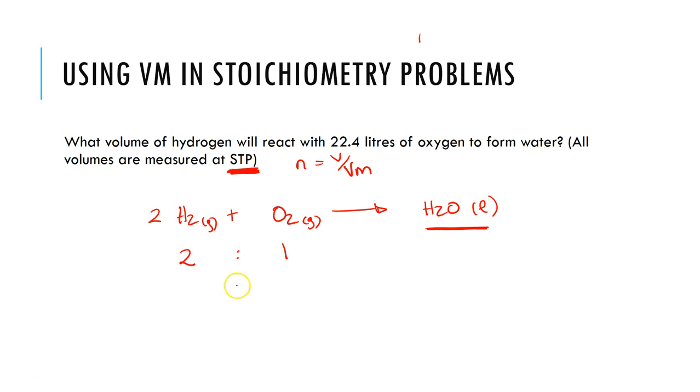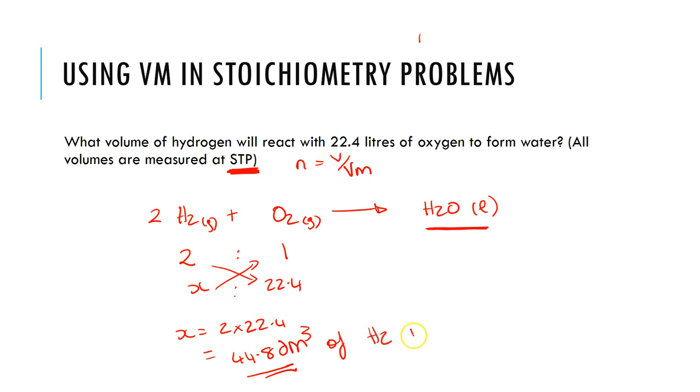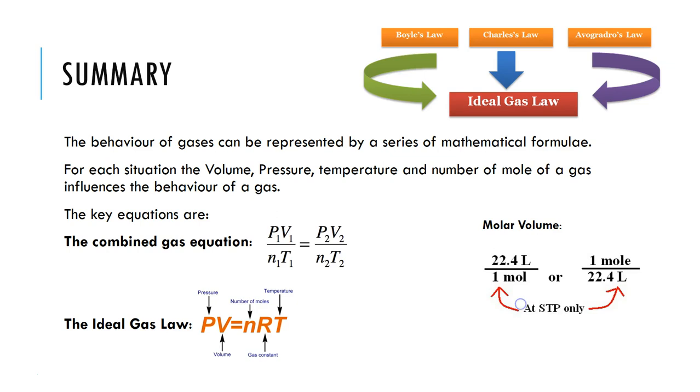Okay, so if my 1 volume of this is 22.4, I want to solve for x, so x is going to be equal to 2 times 22.4, which is 44.8 decimeters cubed. So I will require 44.8 decimeters cubed of hydrogen in order to react with that amount of oxygen.